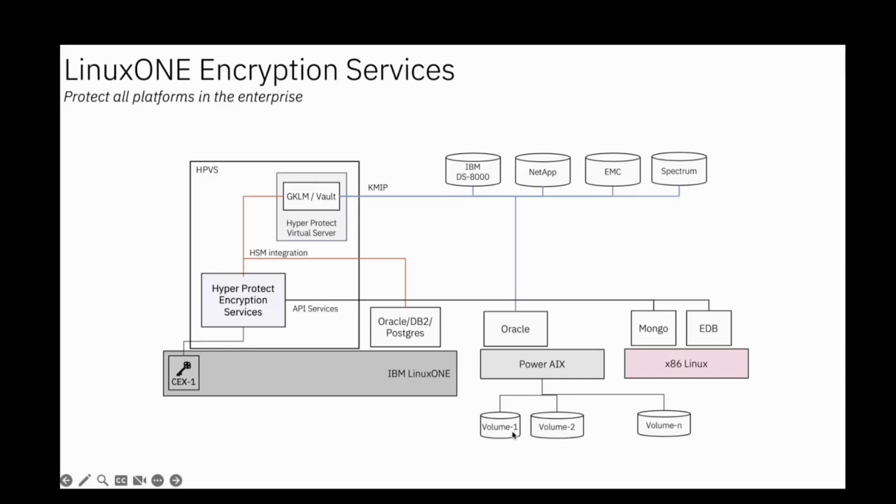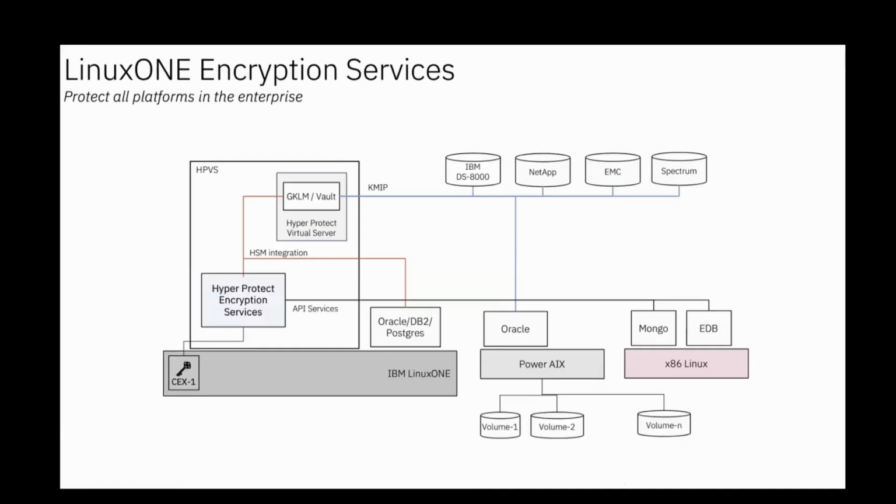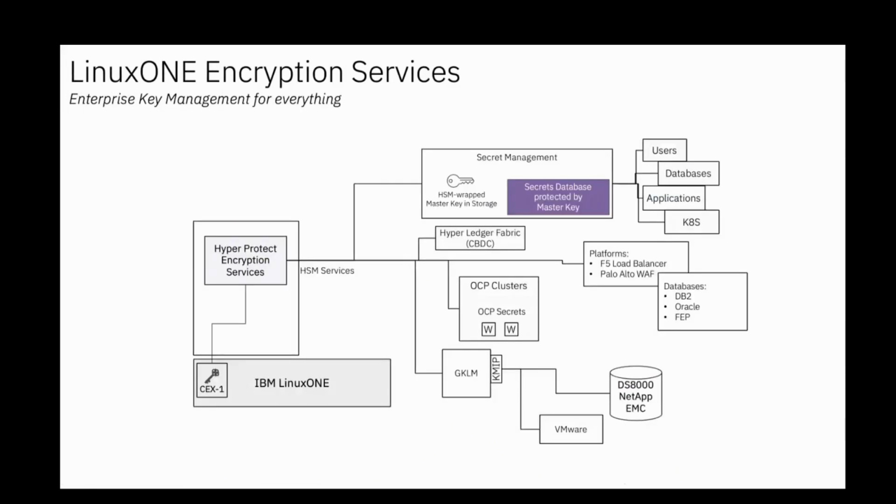And similarly, you can protect volumes on AIX using the previous capability that I talked about. This one here, where you protect the LUKS passphrase. You can do the same thing on AIX right now. And one of our banking clients is using this one as we speak.